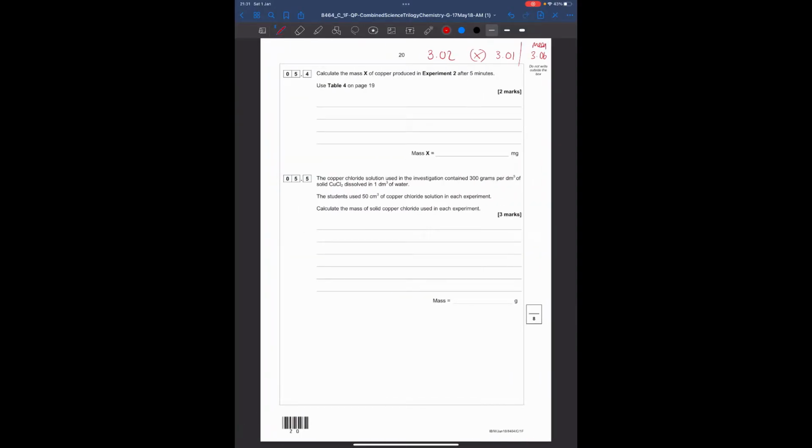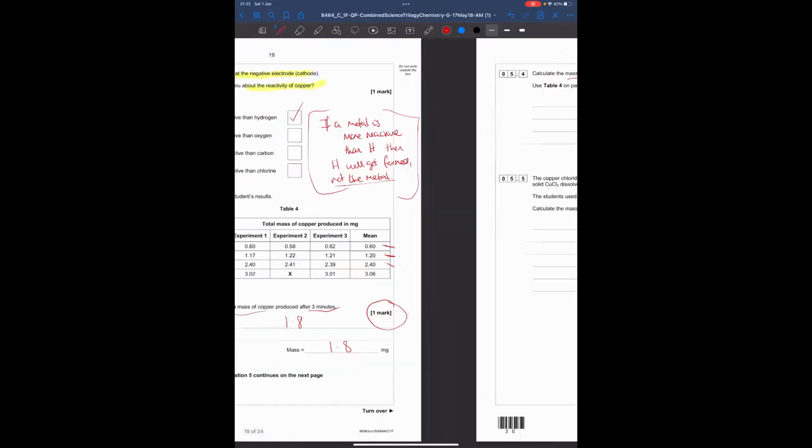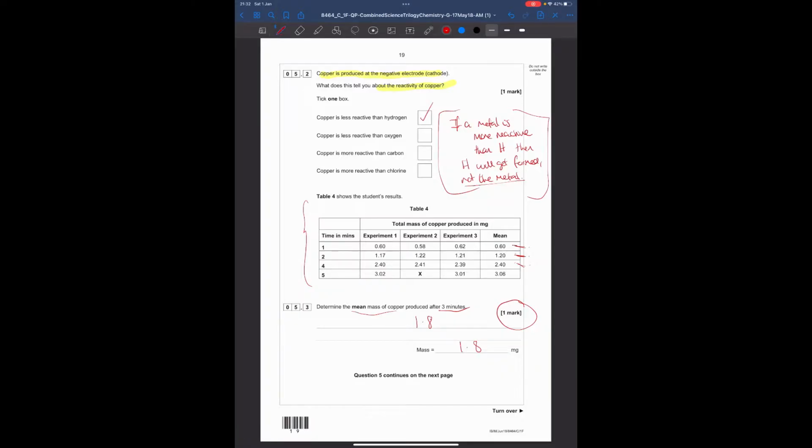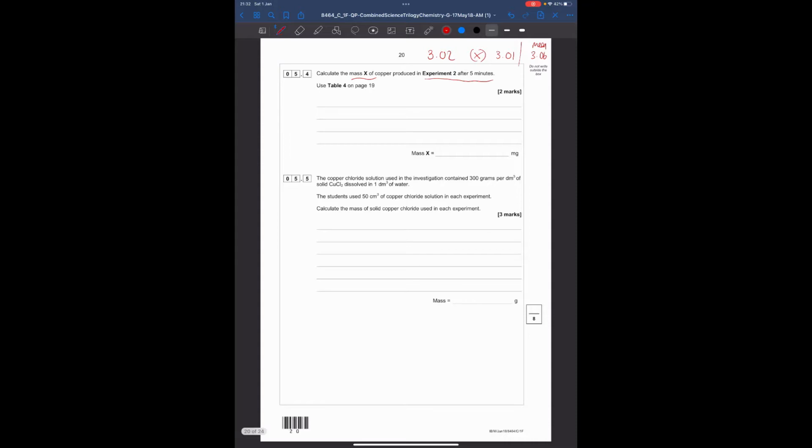Then question 5.4, calculate the mass X of copper produced in experiment 2 after 5 minutes. So if I go back to this table very quickly, I can see that for 5 minutes, they've given me my mean value, which is 3.06, and they've told me 2 of the experiments were 3.02 and 3.01, but I've got to figure out the mass of this second experiment, X. So what I've done, just at the top here, I've just rewrote these key numbers so I don't have to flick back between the screens.